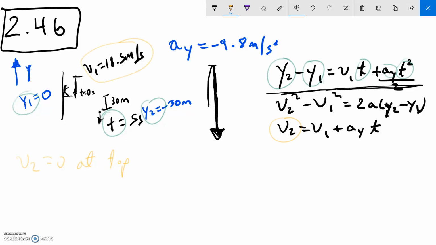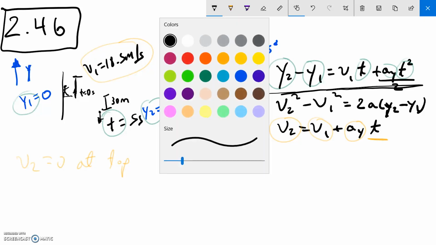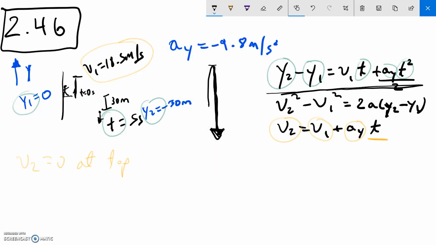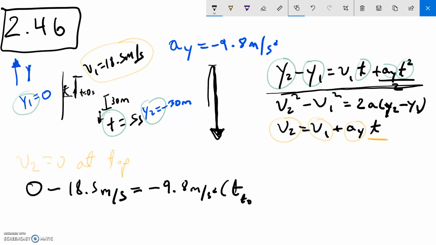I have the V1 that I just solved in the previous part. I know the acceleration in the y, and now I need to find this new t, which is the time to go all the way to the top. So I get 0 minus 18.5 meters per second is equal to negative 9.8 meters per second squared times the t to the top. Let's call it t top. And I get t top is equal to 1.89 seconds.